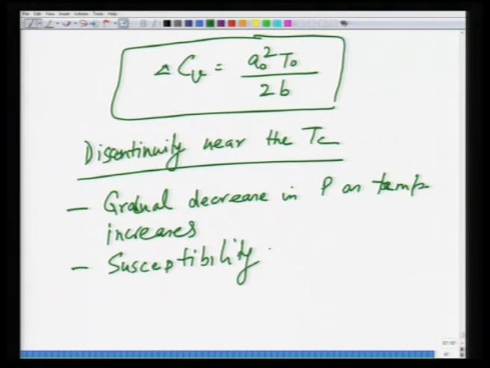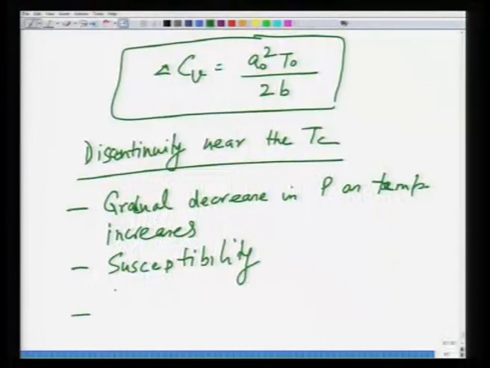So, 1 over chi goes through a dip near the Tc, but it does not have any discontinuity near the Tc. On the other hand, chi goes through very large values near the Tc, and then another thing that is important is the specific heat. You have a discontinuity in the specific heat at the transition.